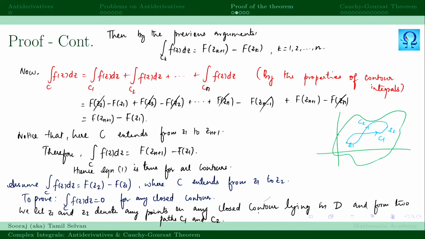How should these paths be? Each with initial point z_1 and final point z_2, such that the entire C is C1 minus C2.